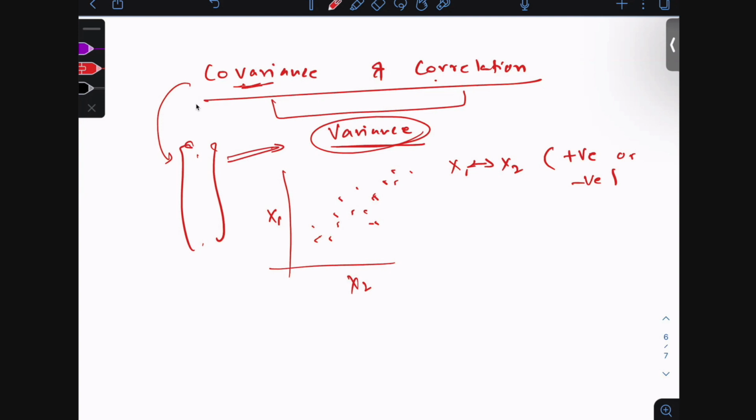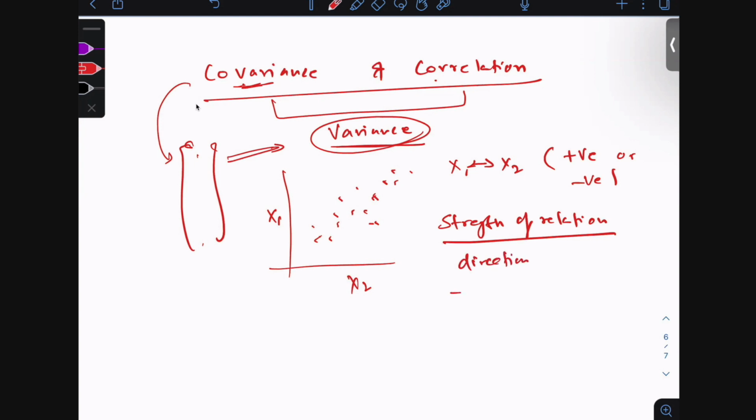On the other hand, correlation is a more standardized form of telling the strength and also the direction of the relation. The correlation coefficient will tell you the strength of the relation, and it will also tell you the direction: positively correlated or negatively correlated.